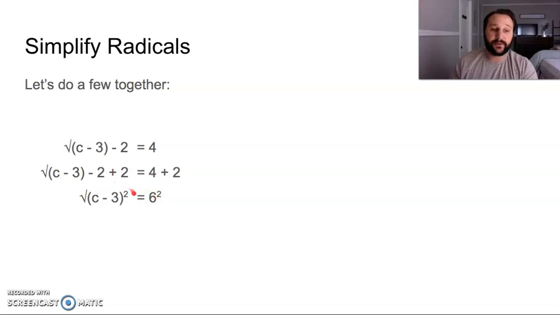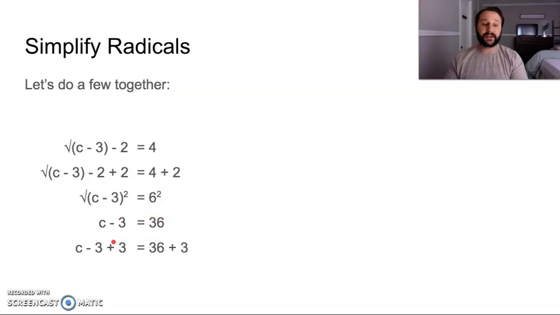Our next step is to square both sides. When we do that, that takes away the square root. We're just left with c minus 3, and 6 squared is 36. Then we just add 3 to both sides, and we're left with c equals 39.